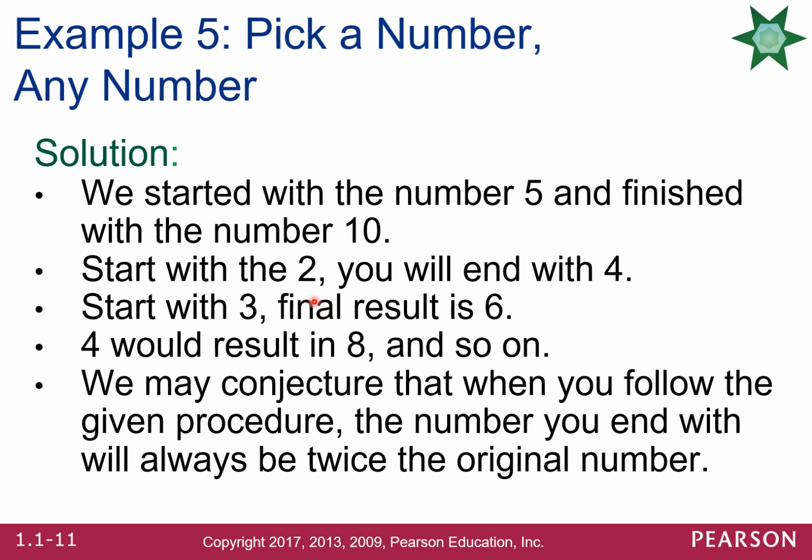So they picked 2 and walked through the same steps. The final result was 4, which we see is double of 2. Start with 3, the final result is 6, and they did another exercise where they started with 4 and the result was 8. So in each case we see the end result is double the initial number that was picked.